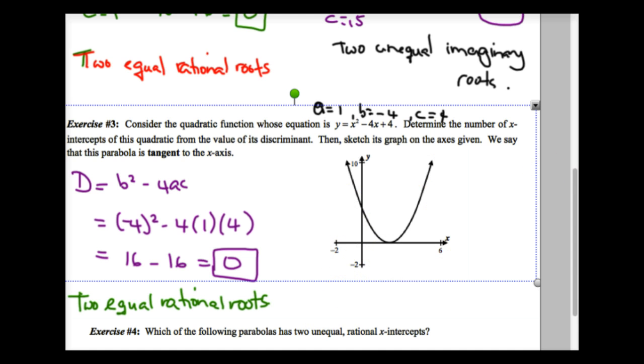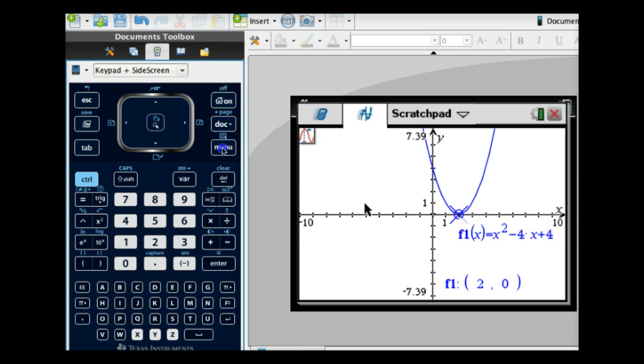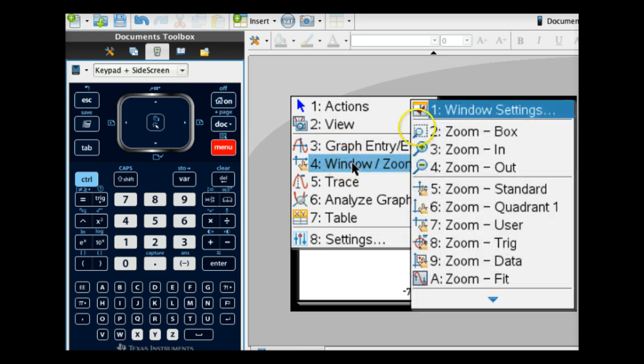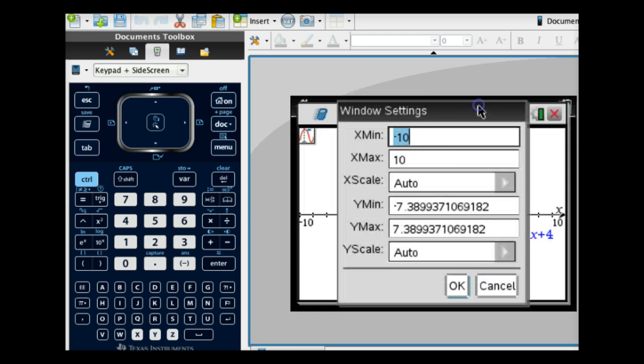So the last thing before we move on to the last example that I want to show you is how to get these. You notice I put some numbers here at the end. How do you get your graph to look like this? So here you go to menu, and I want to go to window settings.